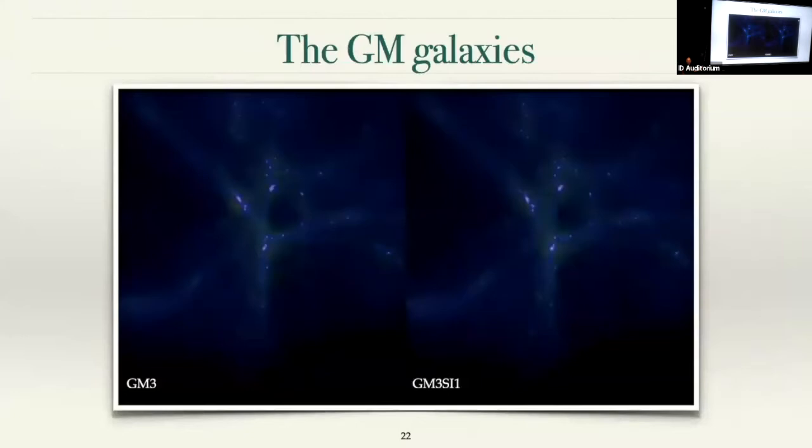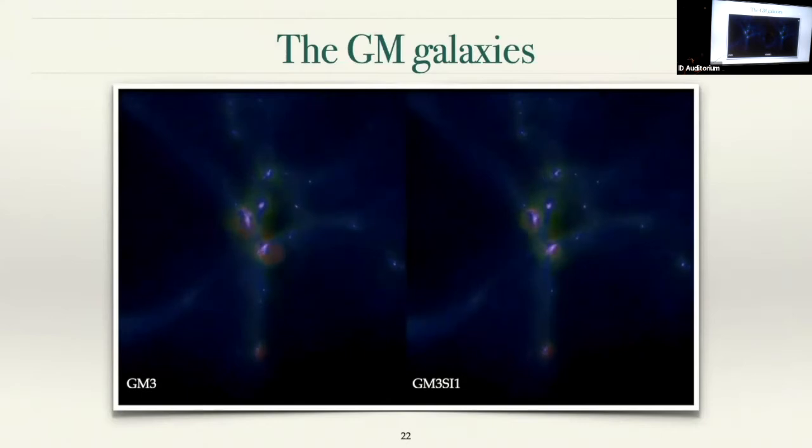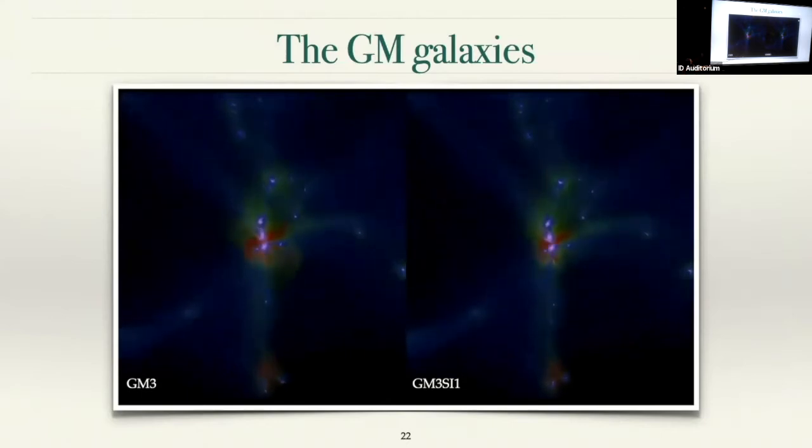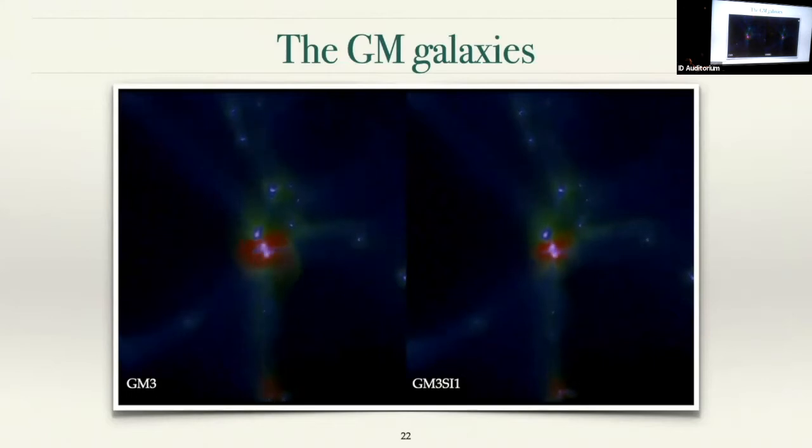Okay, so I'll show this because I think I have a bit of time. On the left-hand side is GM3, and on the right-hand side is GM3 with SIDM, and the red is feedback.